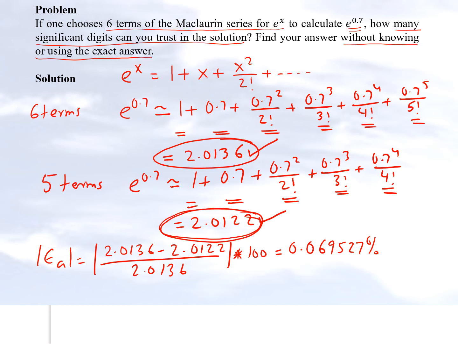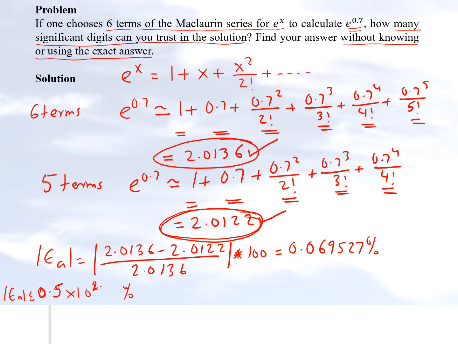How do I come to that conclusion? Because we have this theorem that if the absolute relative approximate error is less than or equal to 0.5 times 10 to the power 2 minus m%, then at least m significant digits are correct in my answer.